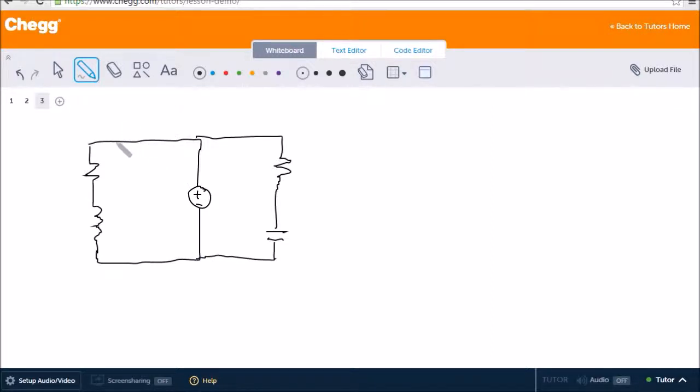We're shorting that out, pretending like it doesn't exist. Since we're running out of time, I'm just going to do this in generic terms here, and let you do the actual math.